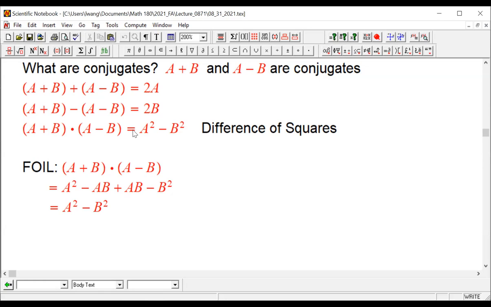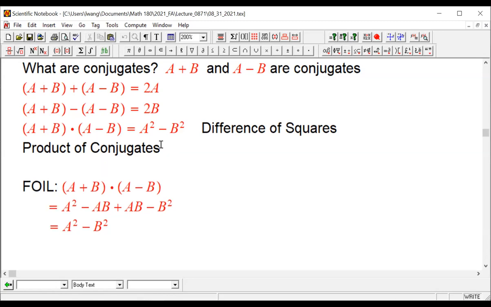But if you say product of conjugates, these two are conjugate to each other, the product of conjugates. Can we say that? We are building our mathematical vocabulary. Do you know that? If you have forgotten, now it all comes back. If this is the first time you learn it, you got it. Are you guys with me?